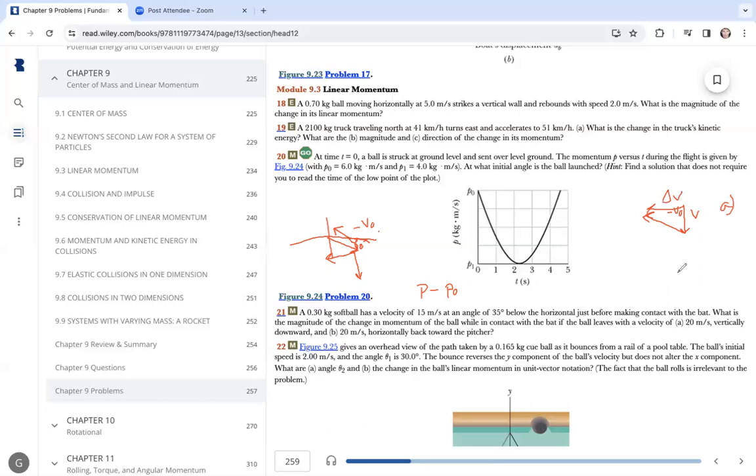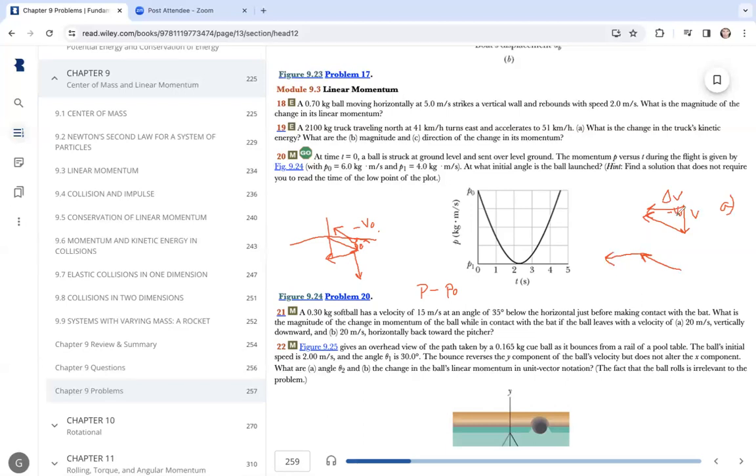And then for part B, that's minus V initial, and then V final was straight out like that. So that would be your resultant.